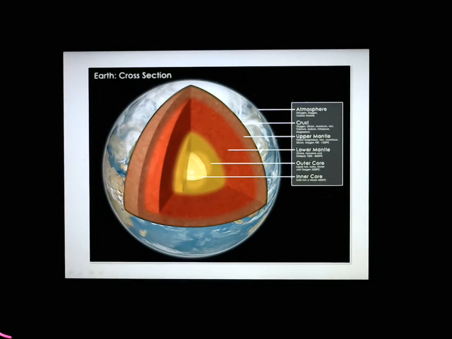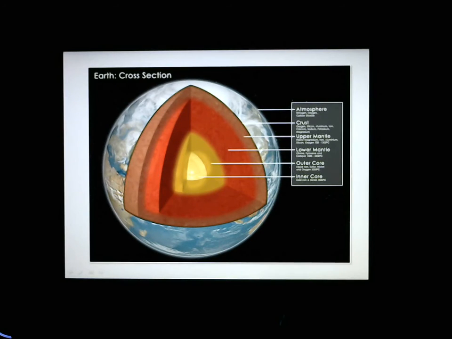So this is a cross-section view of the Earth. Now, you might be able to see the elements. However, remember you can access this PowerPoint on eLearn. Atmosphere, don't worry about that, that's the gases. But the crust has oxygen, silicon, aluminium, iron, calcium, sodium, potassium. We go down to the next level and find plastic magnesium, so that's magnesium in a sort of plasticky state because of how hot it is. Iron, aluminium, silicon, and oxygen.